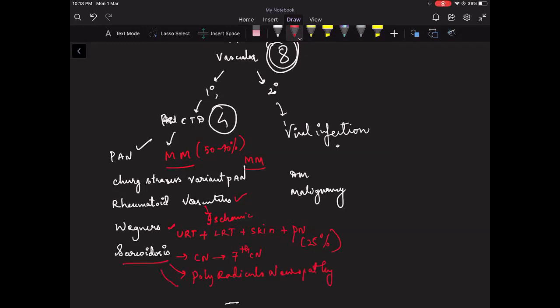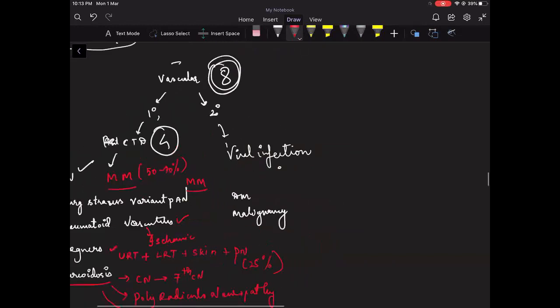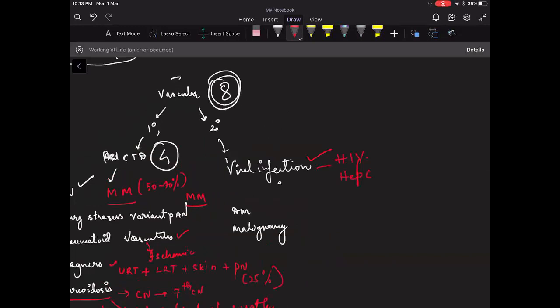In the secondary vasculitic neuropathy, causes include viral infection. Under viral infection, an important one is HIV. All these produce vasculitic neuropathy. Another important virus is hepatitis C, and hepatitis B also. Hepatitis B is associated with polyarteritis nodosa, hence this will cause this kind of vasculitic neuropathy.